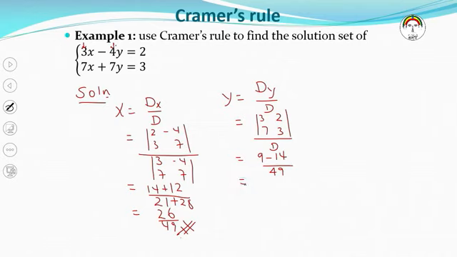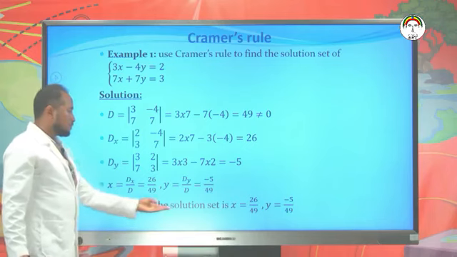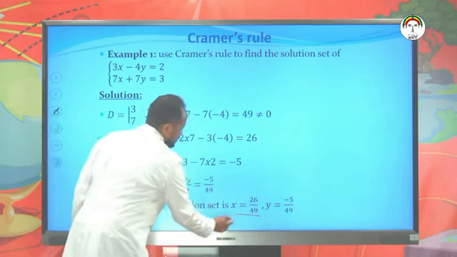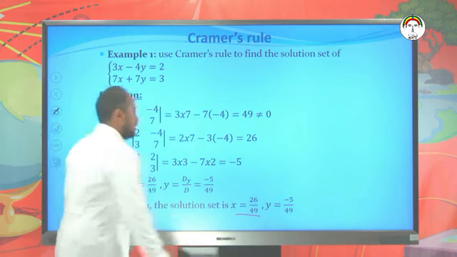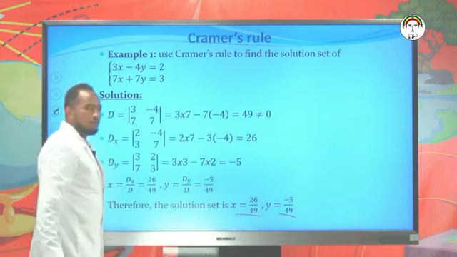So this equals 9 minus 14, which is negative 5, divided by 49. So this is the final answer. This is how to apply Cramer's rule. Therefore the solution set is x is 26 over 49 and y is negative 5 over 49.